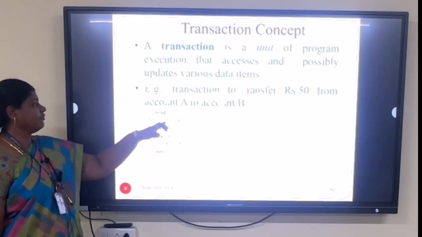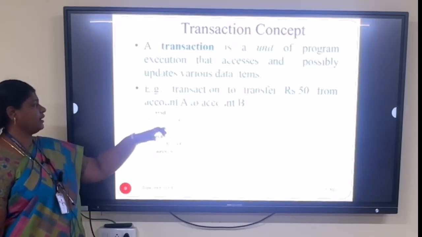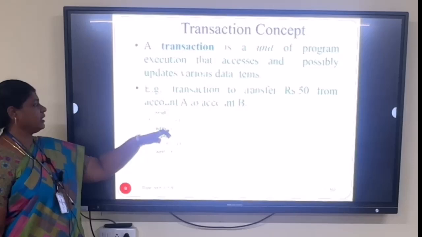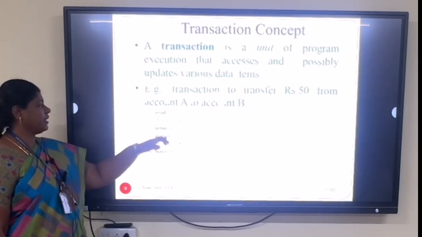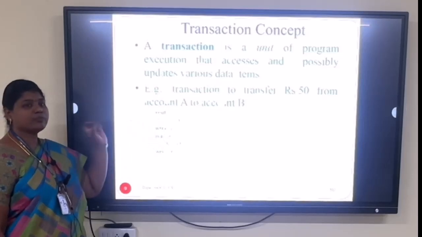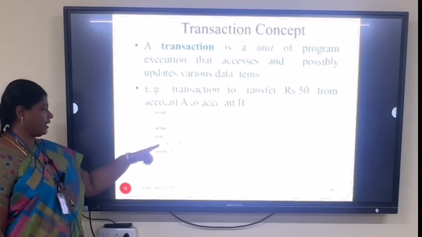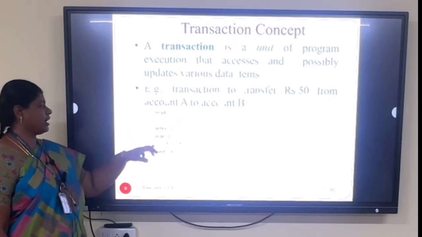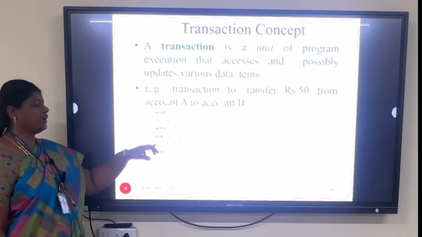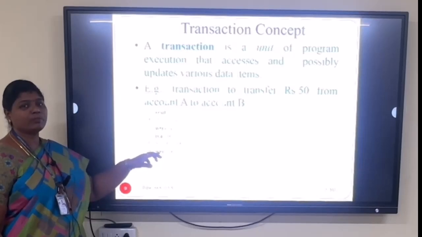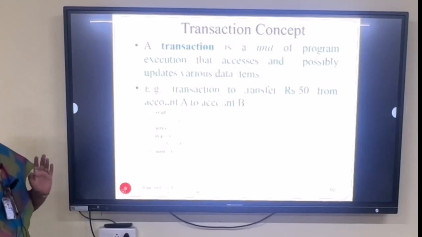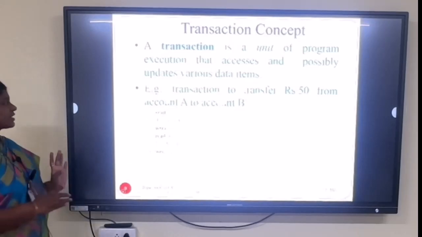That is, if A's value is 100, then the value has to be written as 50. Next, read B. The original value of B should be read, and 50 rupees has to be added. If it is 200 rupees, after adding 50 it should be 250 rupees. Then that value has to be written. So this is a small introduction about a transaction.